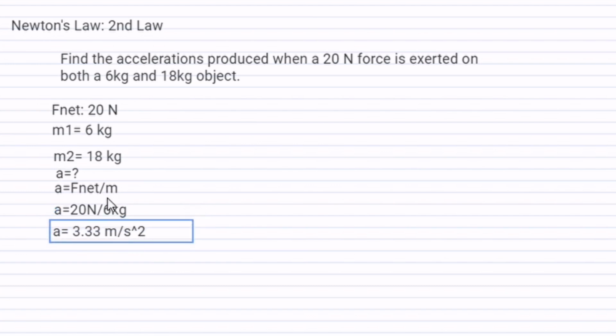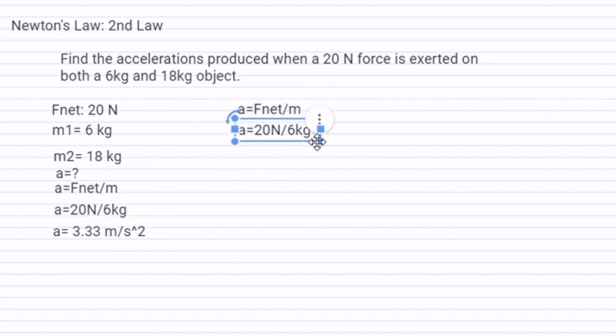For the second mass, we're still going to use this formula. But since the second mass is 18 kilograms, we're going to change this into 18. And then solve this.